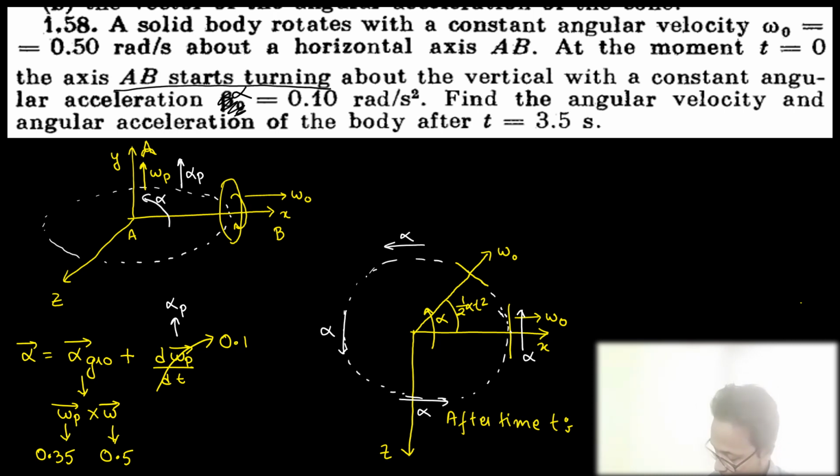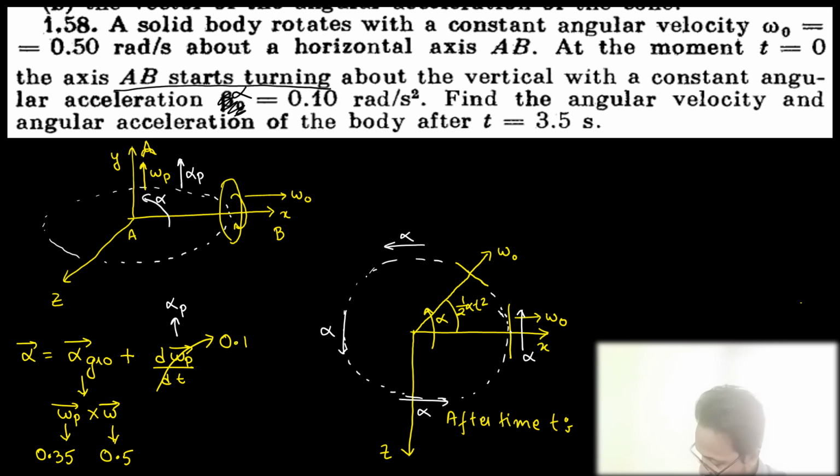Why? Because this omega p is increasing with respect to time in this direction, so angular acceleration will be along the direction of omega p. So this angular acceleration and this gyroscopic acceleration will always be perpendicular to each other. The angular acceleration would be out of the plane, and gyroscopic acceleration would always be perpendicular to both omega p and omega.